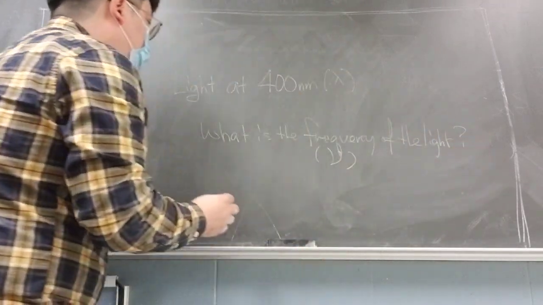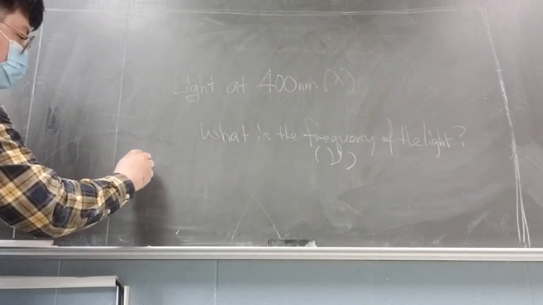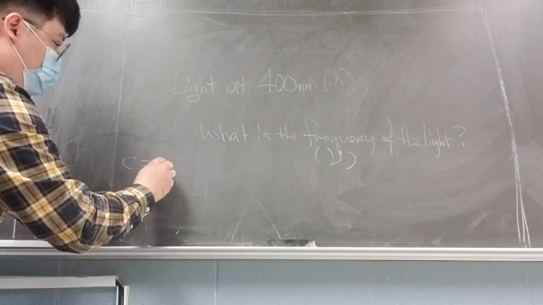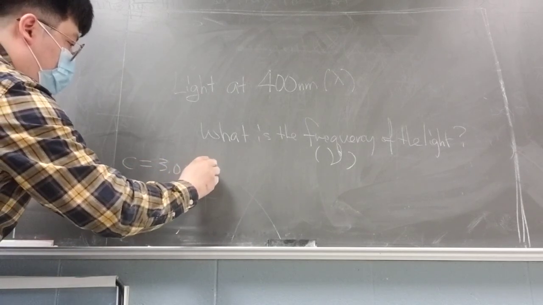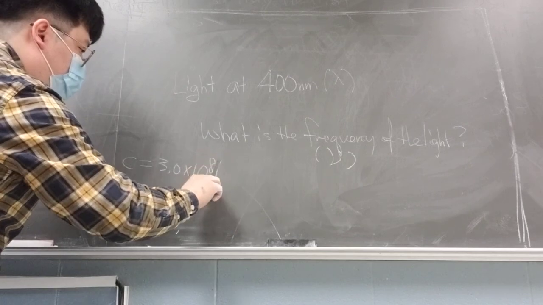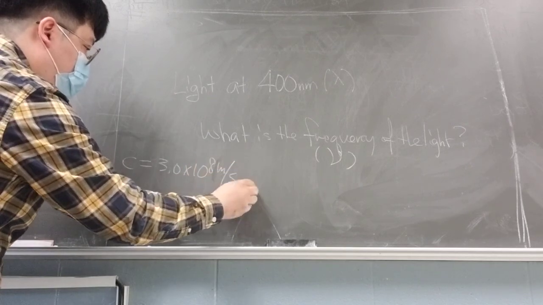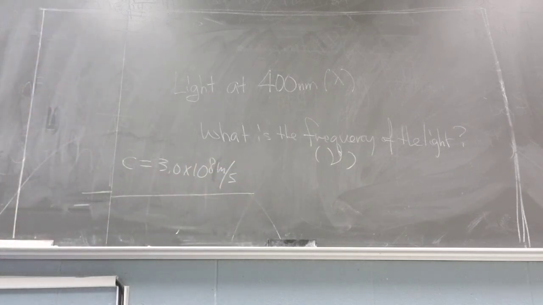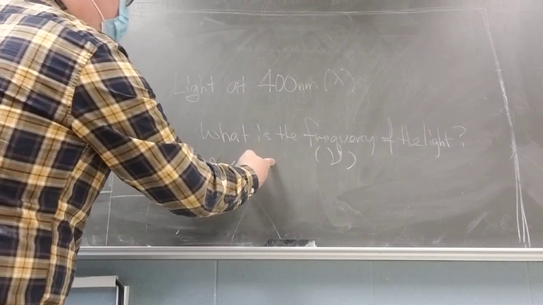And the speed of light, c, is 3.0 times 10 to the 8 meter per second. So you have a light at the wavelength 400 nanometer, and what might be the frequency of that one?